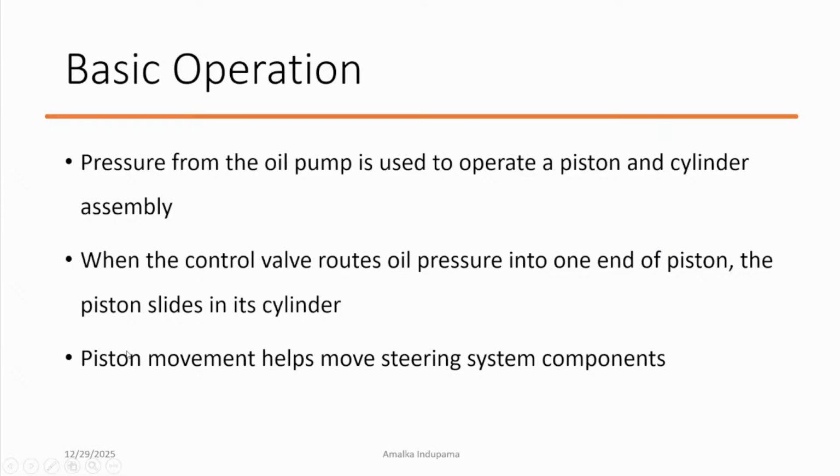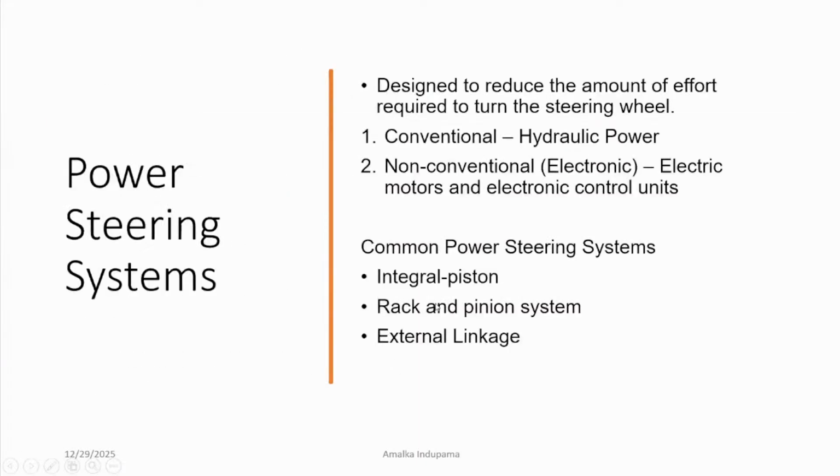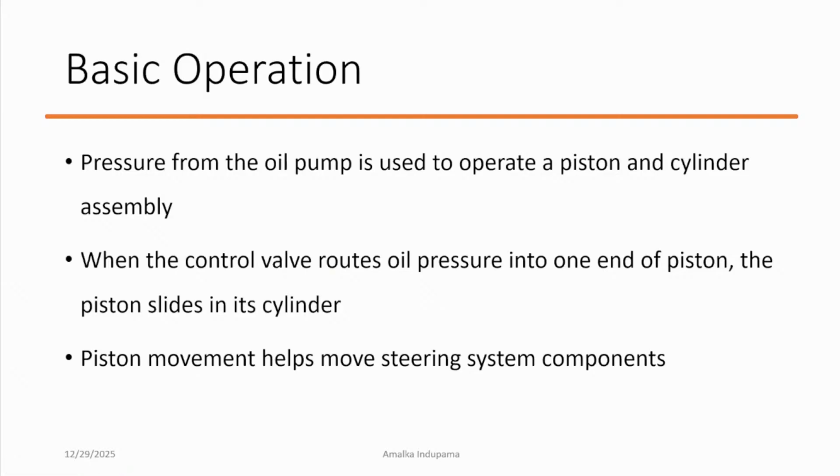So this is the basic operation. While the driver rotates the steering wheel, these power assisted systems support the steering, right? The first part is the hydraulic power steering system. We have a hydraulic pump located in the engine compartment, mostly belt driven by the engine crank.